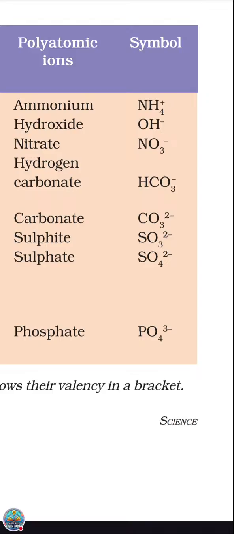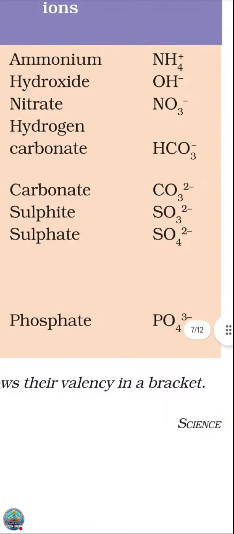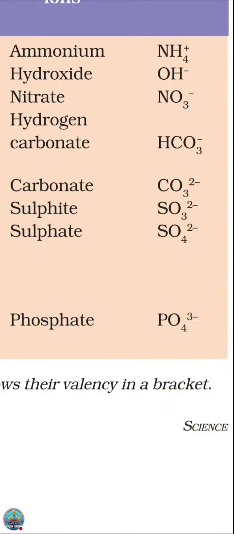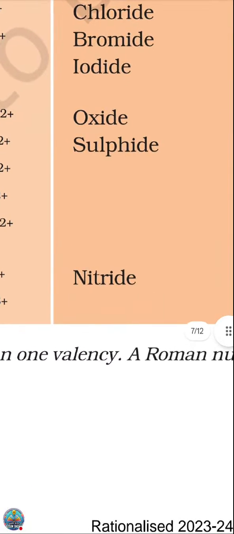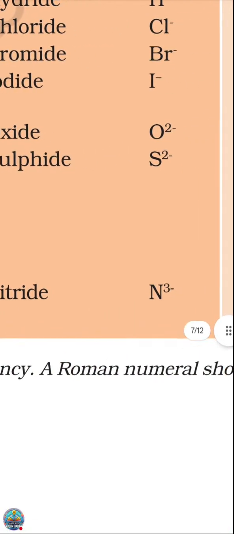Very often students get confused between sulfite, sulfate and sulfide. Learn them very clearly. If it is sulfite, ITE, SO3 2 minus. If it is sulfate, ATE, SO4 2 minus. If it is sulfide, IDE, only a single S, S2 minus.